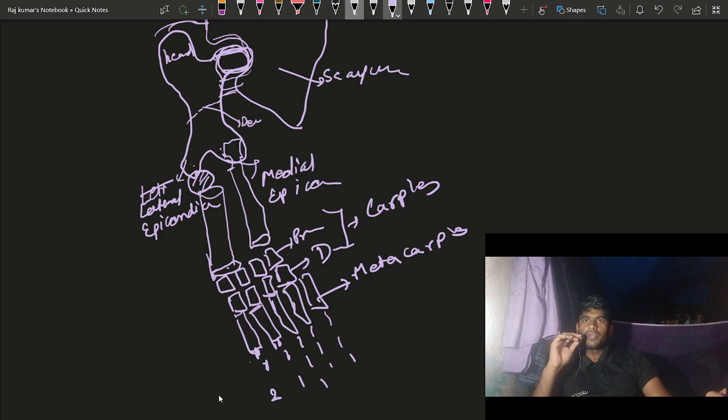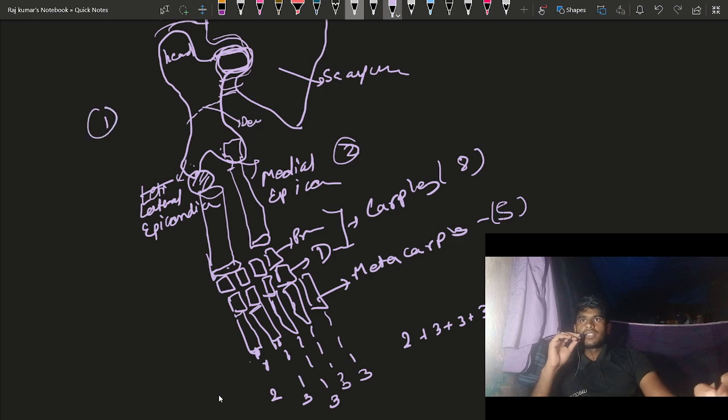So our formula is 2:3:3:3:3. So here the total bones are 2 plus 3 plus 3 plus 3 plus 3. So 3 fours are 12 and 12 plus 2 is 14. Here 5, and here how much? 8, and here 2, and here 1. So this side is known as the humerus. So let's count: 1 plus 2 plus 8 plus 5 plus 14.